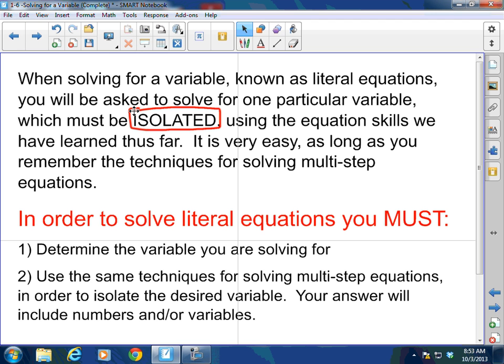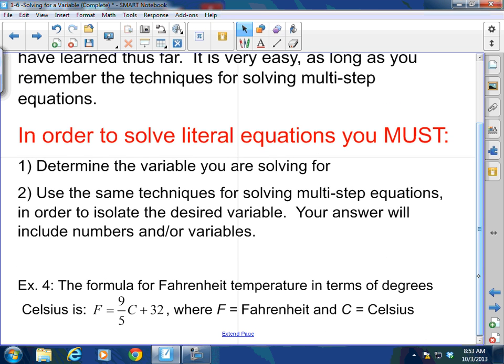It is very easy as long as you remember the techniques for solving multi-step equations. If you're not good at solving multi-step equations, this is going to be very difficult. It's just the way it goes. So please review those multi-step equations, please. In order to solve literal equations, you must first of all determine the variable you're solving for. That is the most important thing here. We're used to a lot of times solving for x or y.